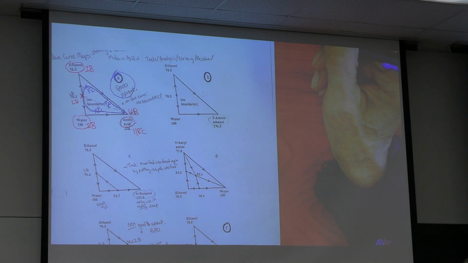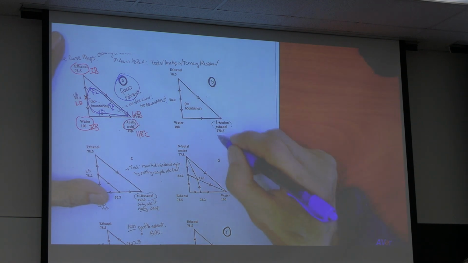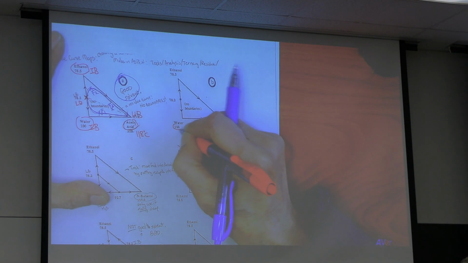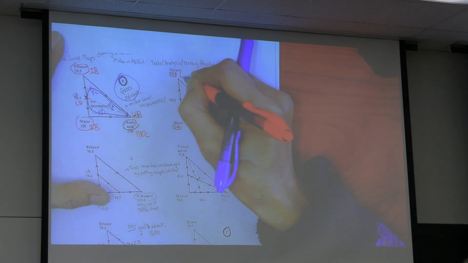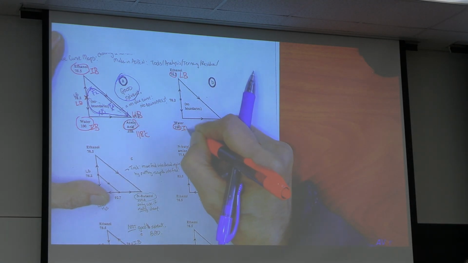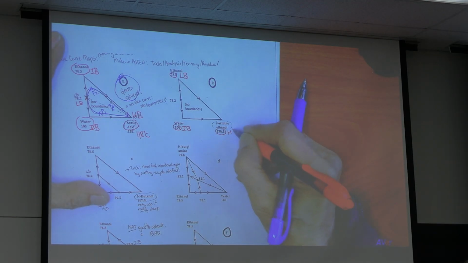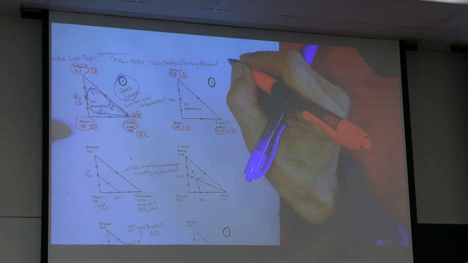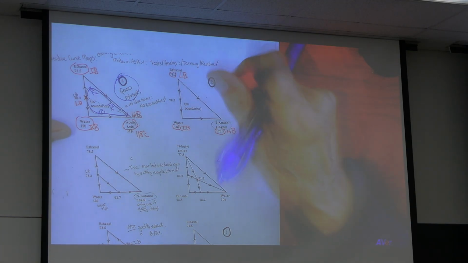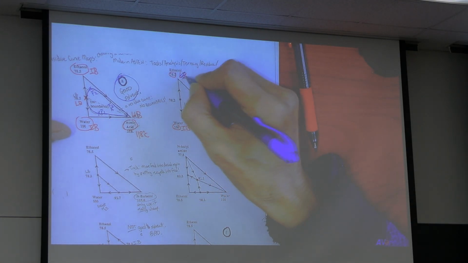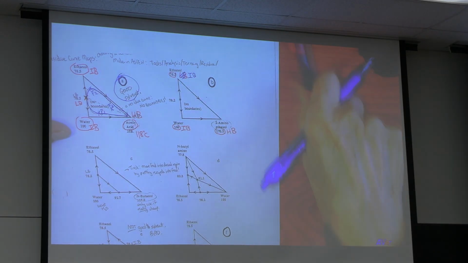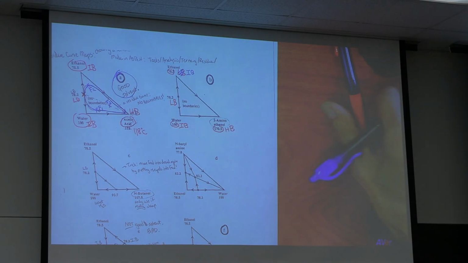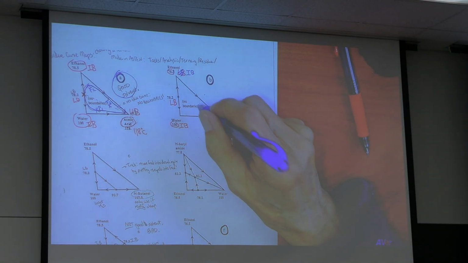How about B? 170.5, 178, lowest boiling, intermediate boiling, highest boiling. No, this is IB, this is low B. No distillation boundary.